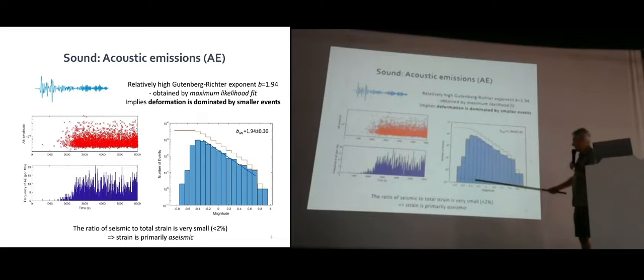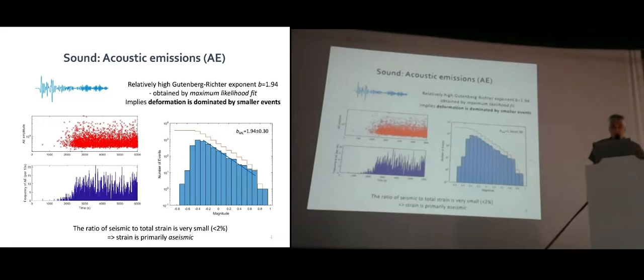So we have a very narrow bandwidth. And that also might lead to the p-value being a bit too high. But what it means is that the deformation is dominated by the smaller events. So it's the opposite of the Pareto distribution for normal seismicity, where the biggest events dominate the energy release, or the release of seismic moment.